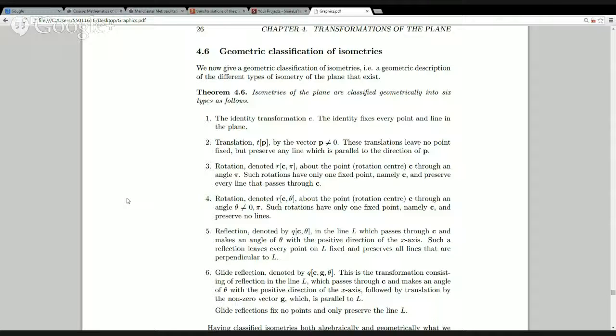So it fixes every point on the line, and it preserves, as a whole, every line which is perpendicular to the axis. So if you have another line perpendicular to the axis, after reflection, it's still going to be the same line. But if you have a line which is not crossing the axis in a perpendicular fashion, then after you reflect, it will go to a completely different line. Okay.